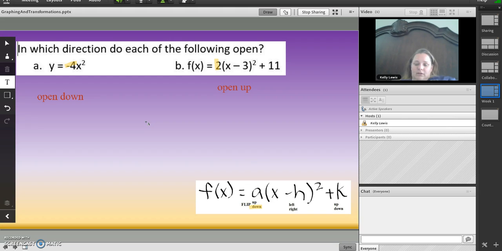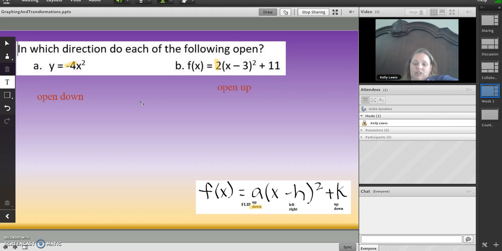Now let's look at the second one. The parent one is the darker one, x squared, and then the first one that you can hardly see because it's covered up is the 2x, this one.